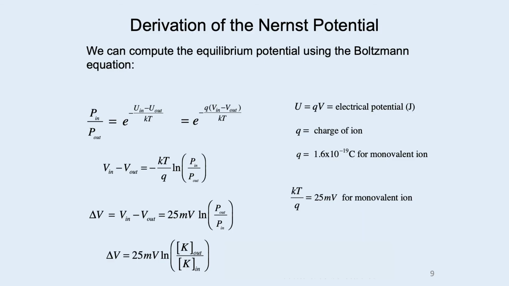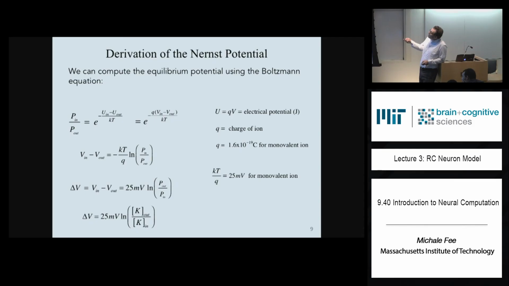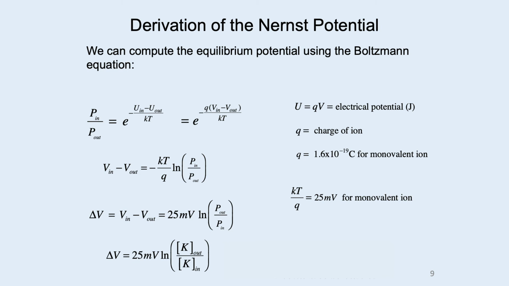Okay, so we took the log of both sides, solved for V in minus V out, and we found that the voltage difference at equilibrium, this is at thermal equilibrium, that's what the Boltzmann equation tells us, at thermal equilibrium, what's the ratio of probabilities? At thermal equilibrium, the voltage difference is 25 millivolts times the natural log of the ratio of concentrations.